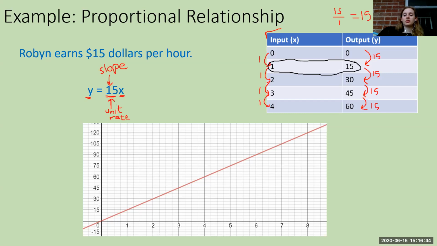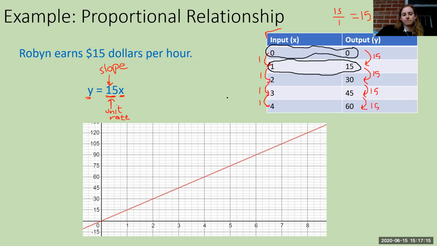We could say that it's linear because the rate of change in y compared to change in x is constant. It's always the same. It's always 15 to 1. And then further, we know that this is a proportional relationship because it passes through the origin. It passes through the point 0, 0. Just a little recap there on the different types of relationships we've learned about so far.